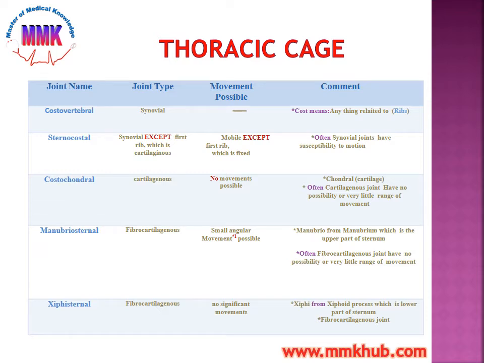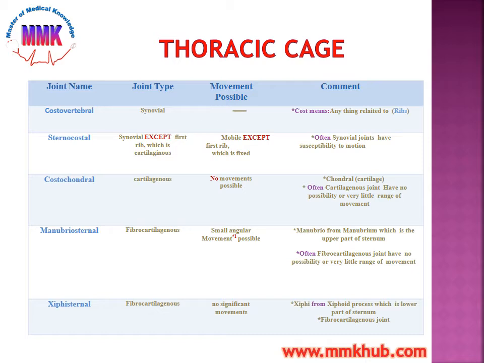Thoracic cage. This is the table which is summarizing the different types of joints, the movement possible and the general comments. The costovertebral joint is a synovial joint. The sternocostal joint is synovial except for the first rib joint, which is the cartilaginous one.